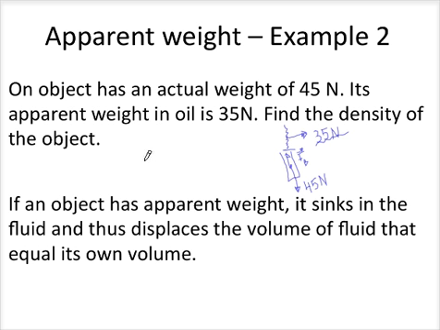So you can basically figure out that the buoyant force here is going to be the difference between 45 and 35, and it's going to be 10 newtons. So this oil is producing an upward push that equals 10 newtons. That's why the object appears to be only 35 newtons in oil versus 45 newtons of its actual weight.